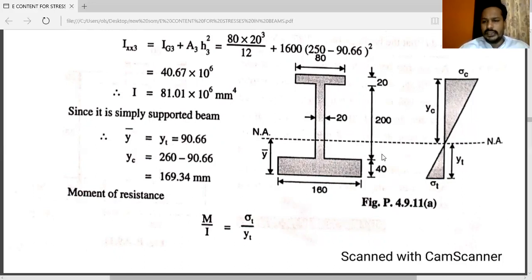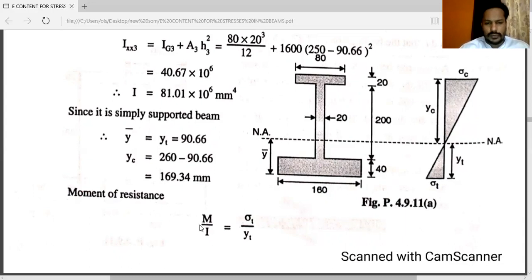So YT is 90.66. And the total distance is 260. So this top distance YC is 260 minus YT, that is 90.66. The answer is YC is equal to 169.34 mm.